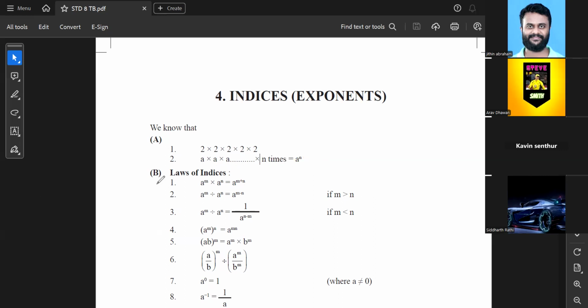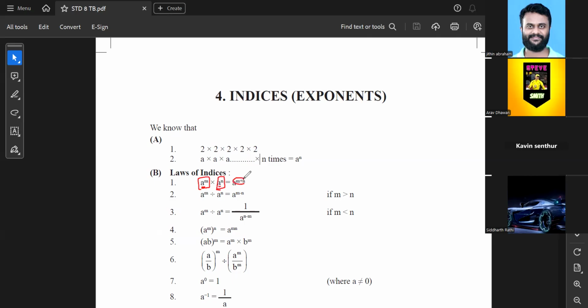Now, there are certain laws we should follow while solving indices. They are called laws of indices. The first law is very simple. If you have a raised to m multiplied by a raised to n, a is the base. You have to write the base as it is, a, and the indices, m for the first number and n for the second number, get added with each other when you multiply them.